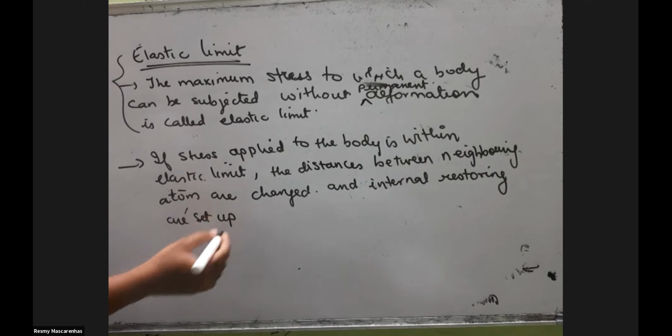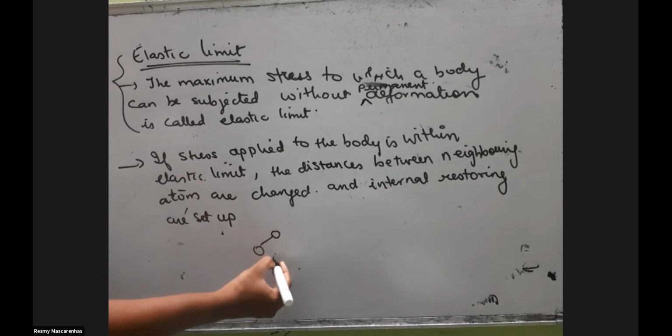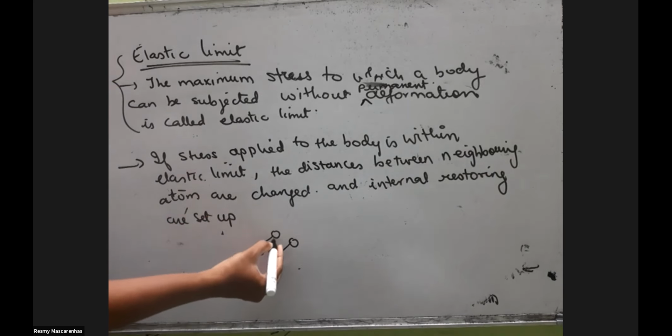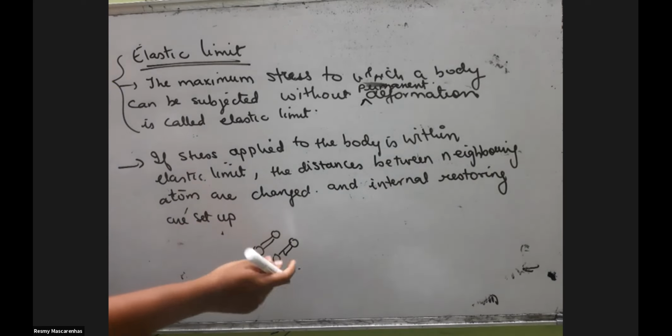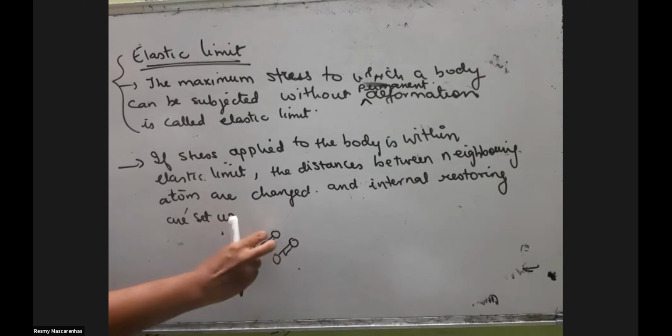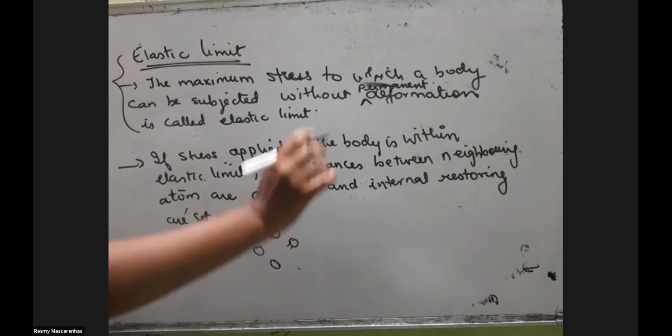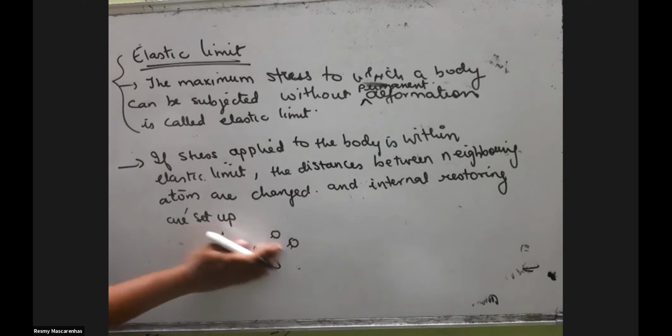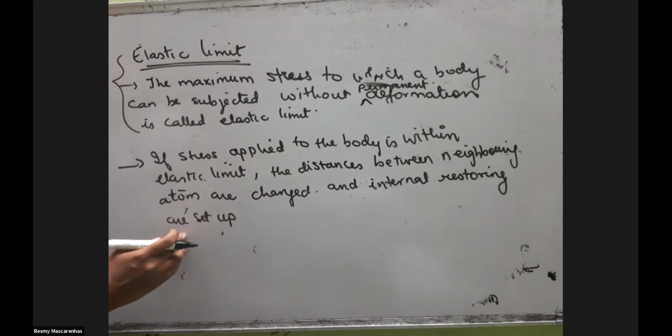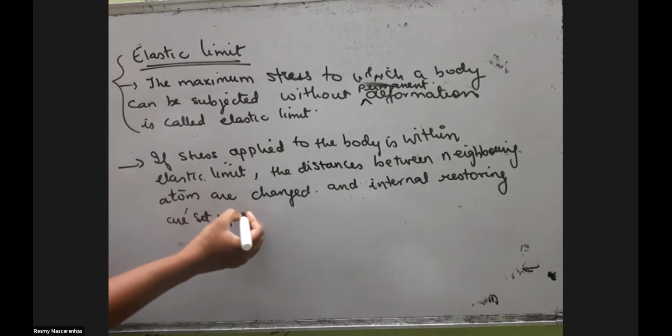The moment you stretch, I told you, these molecules will have some internal restoring forces developing between the two atoms. If there were no forces pulling them, these bonds would break and the material would get deformed. The internal restoring forces are set up within the body.